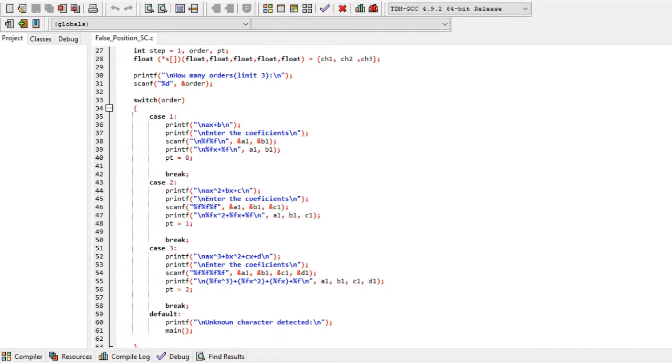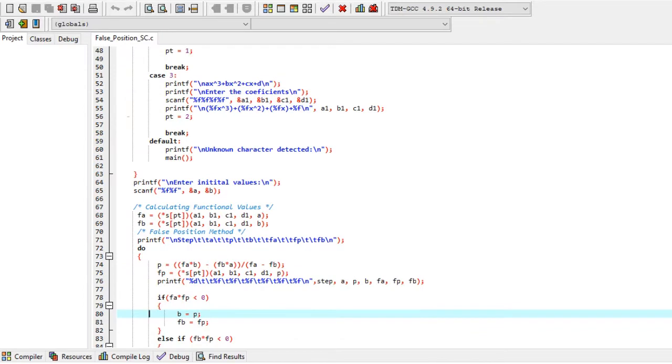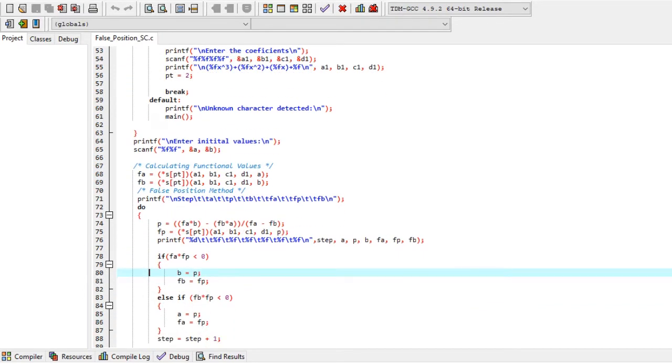And lastly, if the user inputs 3, you will get this form, x cubed plus bx squared plus cx plus d. And same as with case 1 and case 2, the program will ask the user to input the coefficients of x.